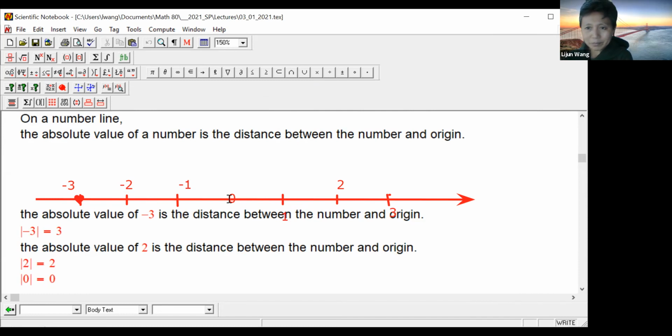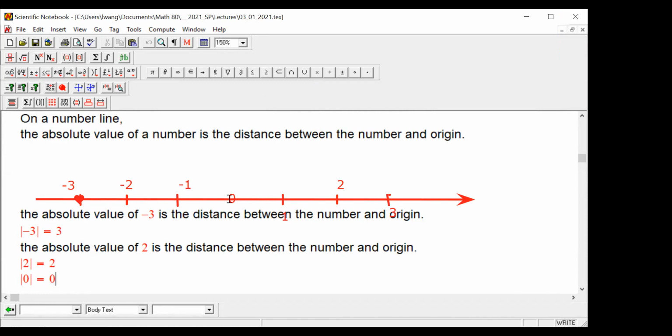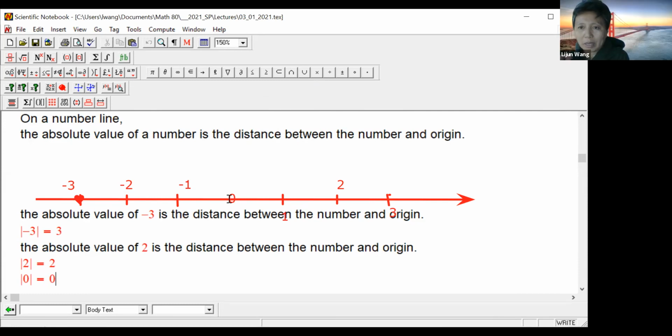Does that make sense? Yes. Okay. This is the concept of absolute value. Of course, you can use decimal numbers. It's negative 3.5, and this is going to be 3.5. You measure how far apart negative 3.5 is from 0? Oh, that's going to be 3.5.